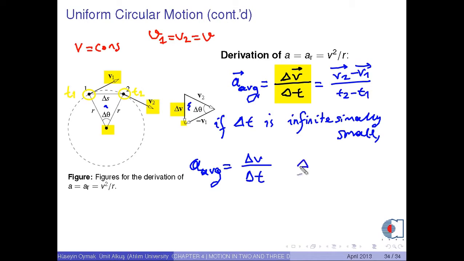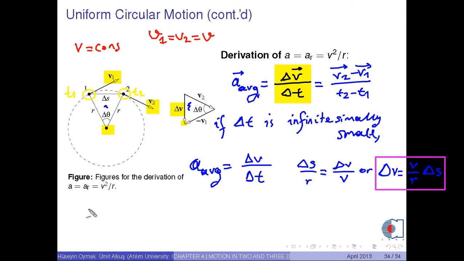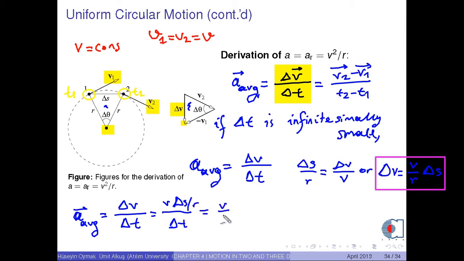The similarity condition gives us Δs / r = Δv / v, or Δv = (v / r) Δs. With this result, we have a_avg = Δv / Δt = v Δs / (r Δt). In other words, (v / r) times (Δs / Δt).